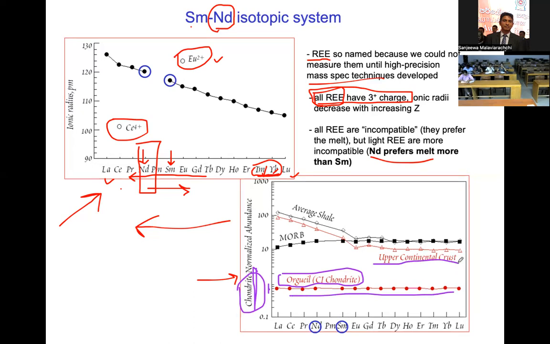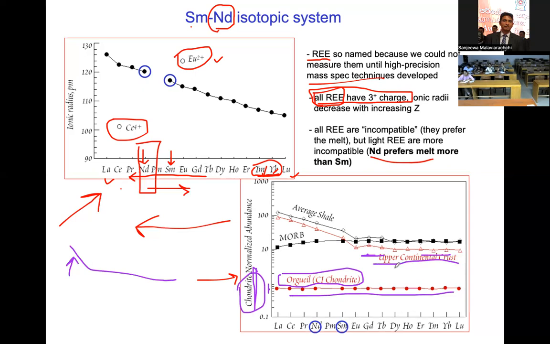There, the rare earth element pattern shows some variation. Some light rare earth elements are enriched, right? You can see this relative to the middle to heavy rare earth elements. These are middle and these are heavy rare earth elements. So relative to the middle to heavy, light rare earth elements are enriched.